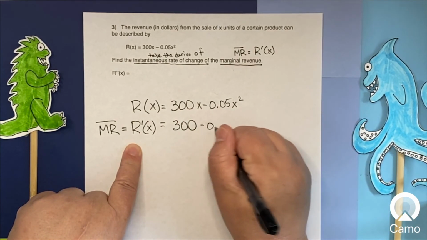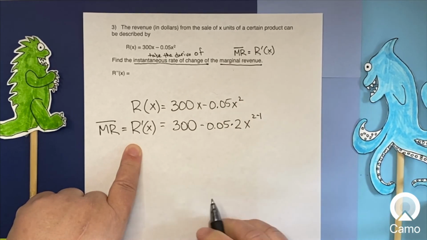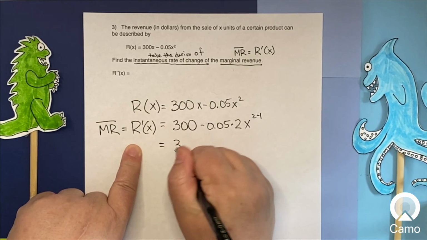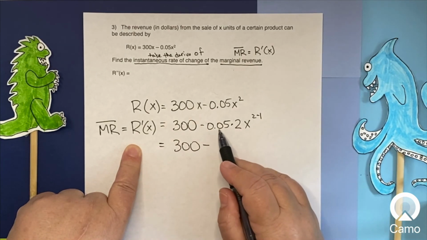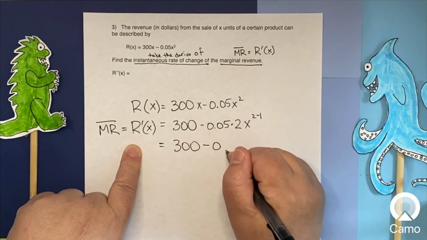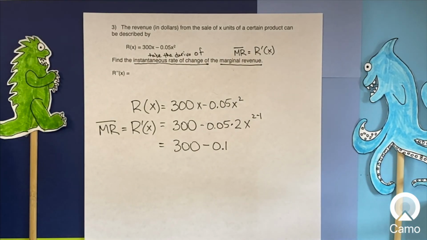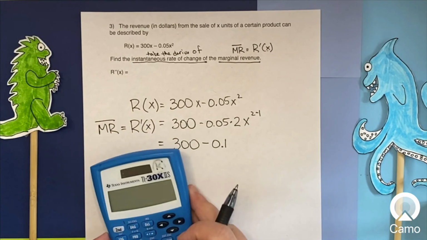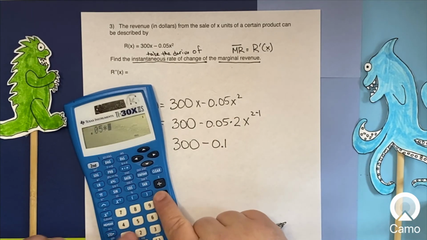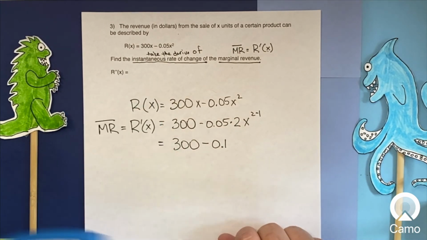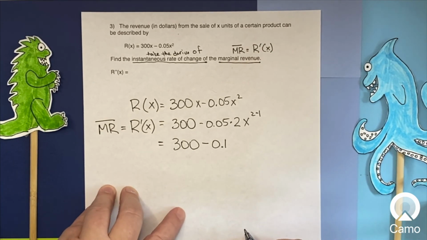Now, interestingly, it stays minus, but this is 0.05 times 2, so it's 0.1, right? I believe so. Now, fun fact, the thing I'm worst at is this kind of multiplication. So let me just double check it so I don't leave you with mistakes that'll make you want to throw things at the screen. 2 minus 1 is x to the first power. So this is our marginal revenue. This is the function that gives us the slope of the revenue, how the revenue is changing.